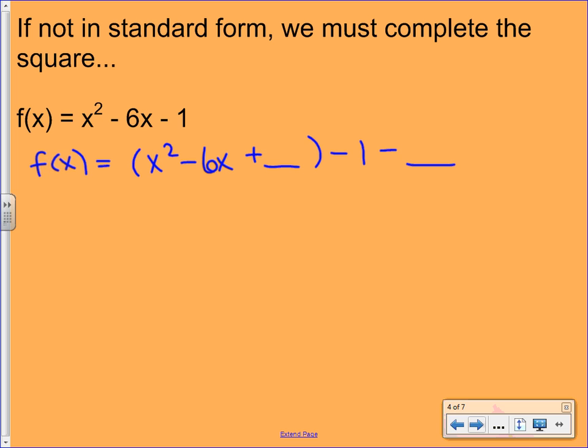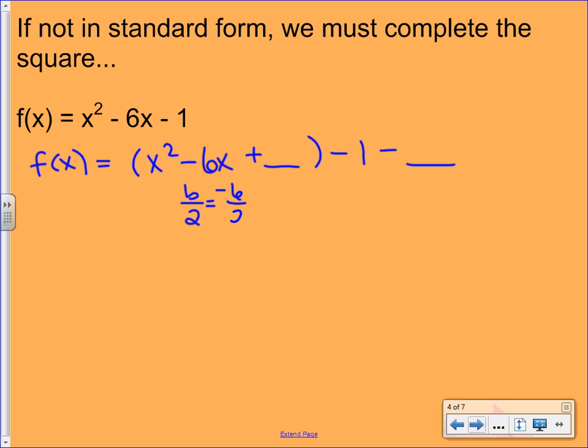Okay, now I need to remember what number goes here. Anybody remember? We take b over 2. Which one is b? -6.